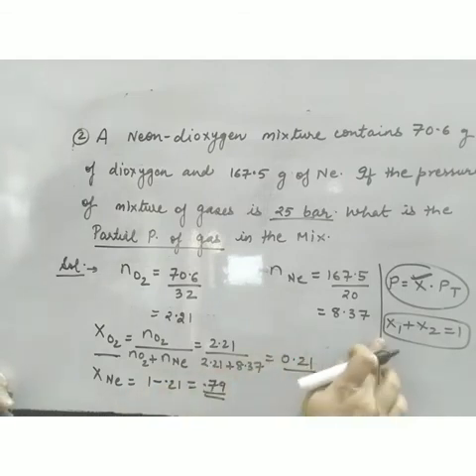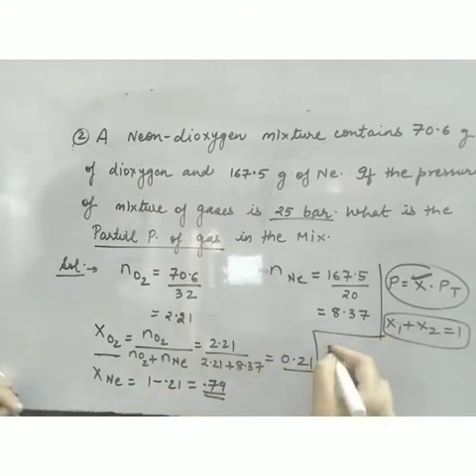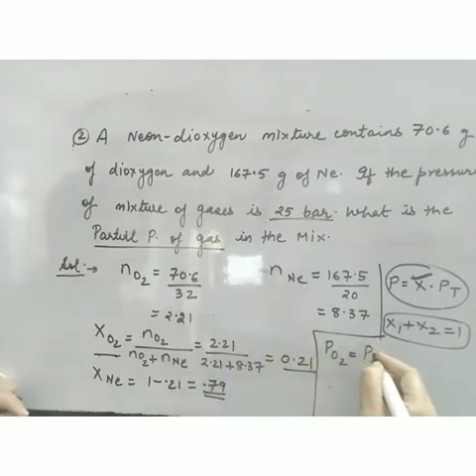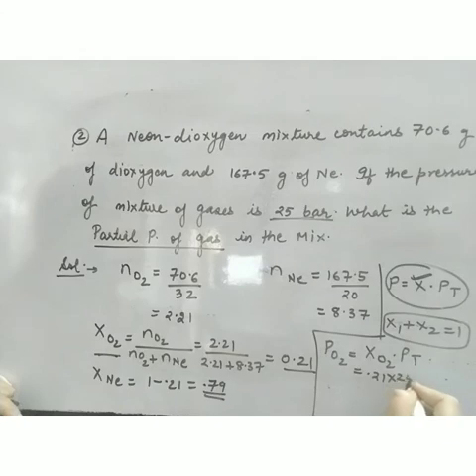Now what is the partial pressure of oxygen? Mole fraction of oxygen into P total. So it is 0.21 into 25, because total pressure is 25. So we get the partial pressure of oxygen as 5.25 bar.